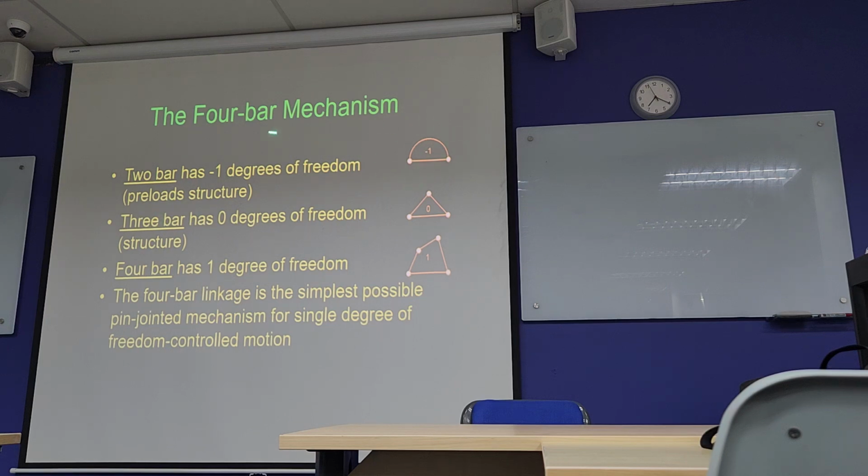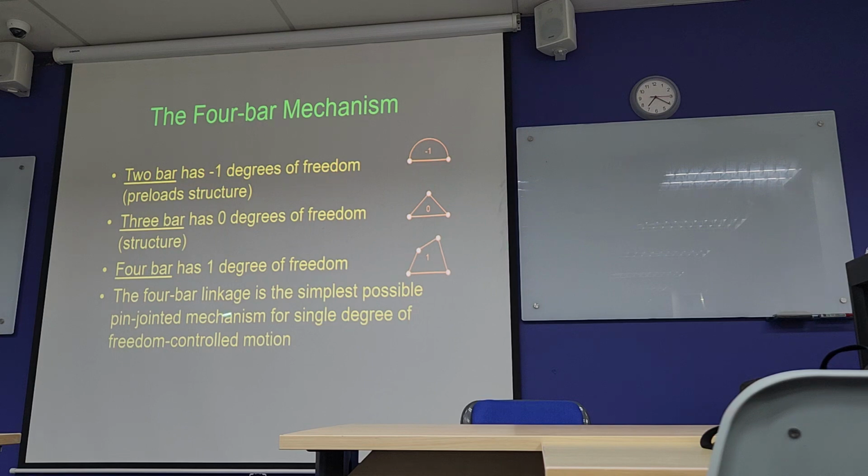Now this one is the 4-bar mechanism. Two bars has a negative degree of freedom, so this is a preloaded structure. This one you have seen: here the degree of freedom is 0, so it is a structure.